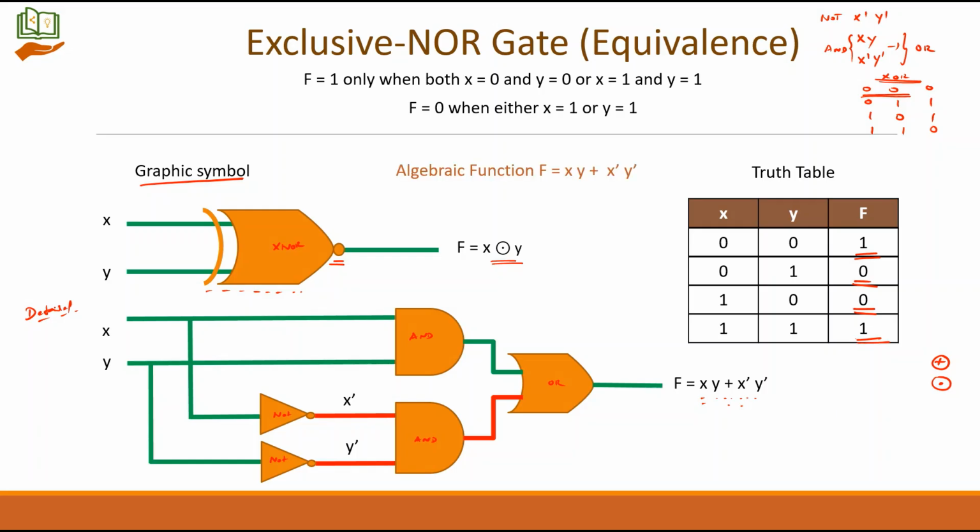So what is the algebraic expression? X into y plus x dash into y dash. So basically you have to negate them, then do the AND operation, then combine them with the OR operation. This is the order. What are the common operations here? We have NOT, we have AND, we have OR.